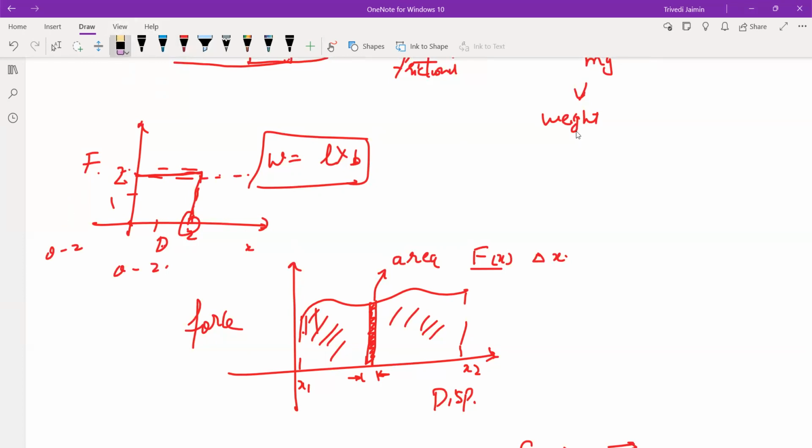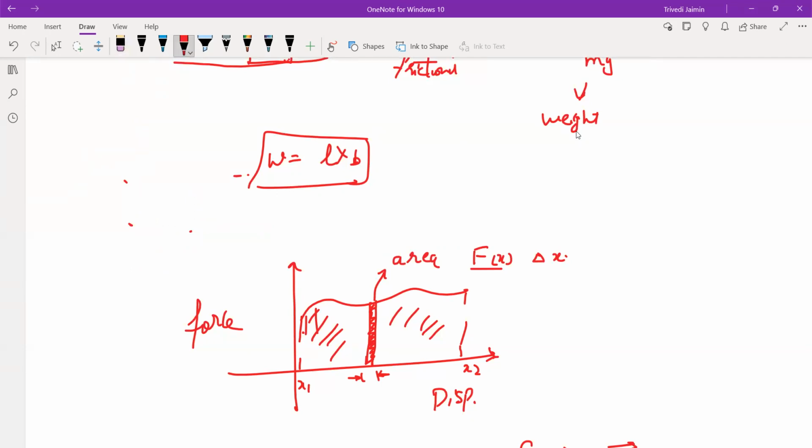In a similar way, for integration, we'll find limits. We are integrating for a strip. For this small strip, we found area. We will calculate this area here and will vary from this limit to this limit.